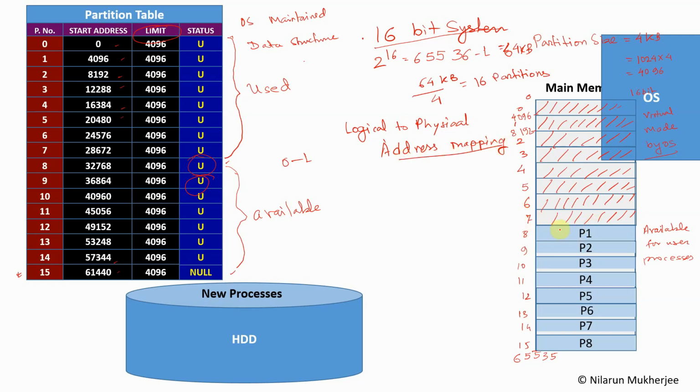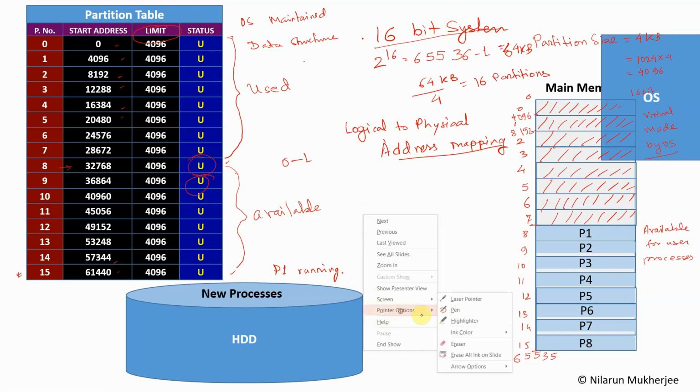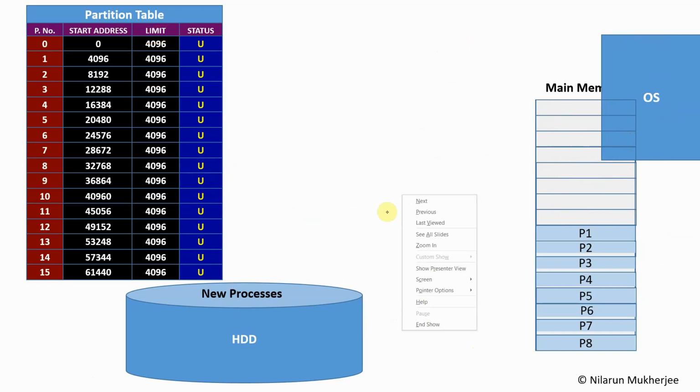Suppose P1 is currently running, and P1 is loaded here in this partition.